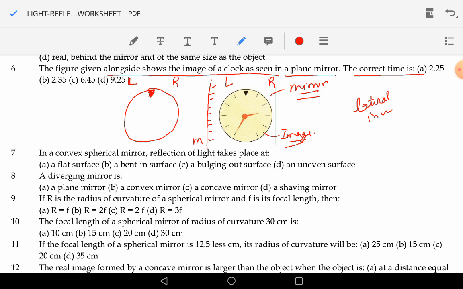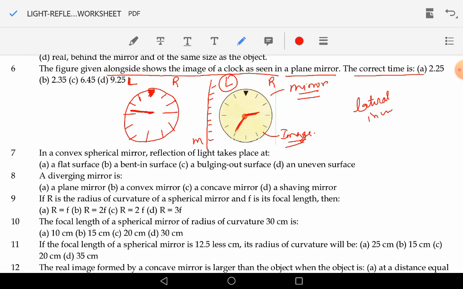Okay, so let me just put the markings. This is how every number will appear to be. This is the right side of it and now it will appear to be the left. So this will be something over here and this is the left.